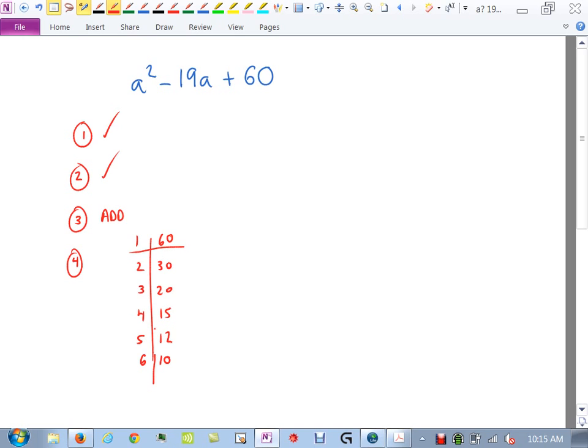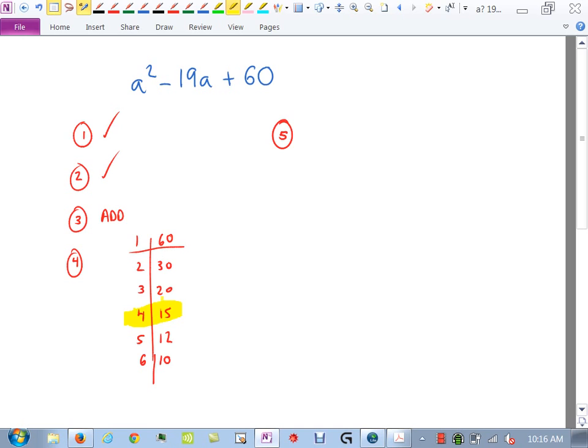It's already on my list. So my goal for step 5 is to figure out if there's a way that I can get a negative 19 from these numbers. We already said that 4 and 15 would be the closest I could get, but I would have to make them both negative.